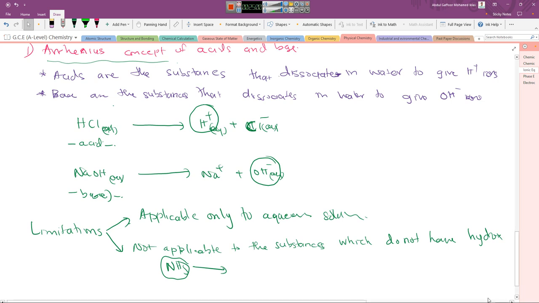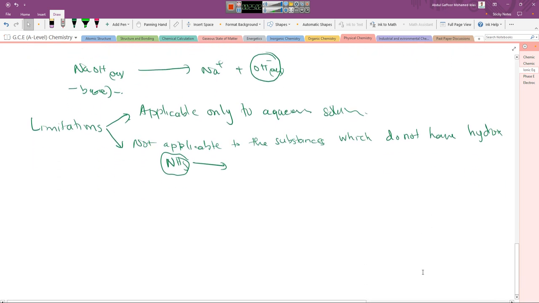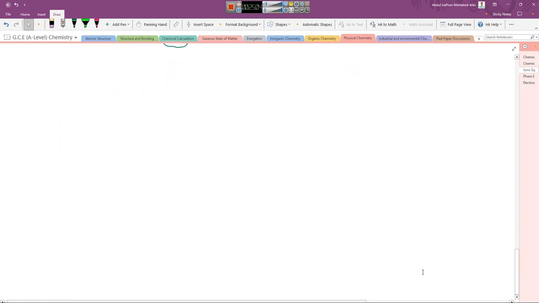So the second concept for acids and bases is the Bronsted-Lowry definition.